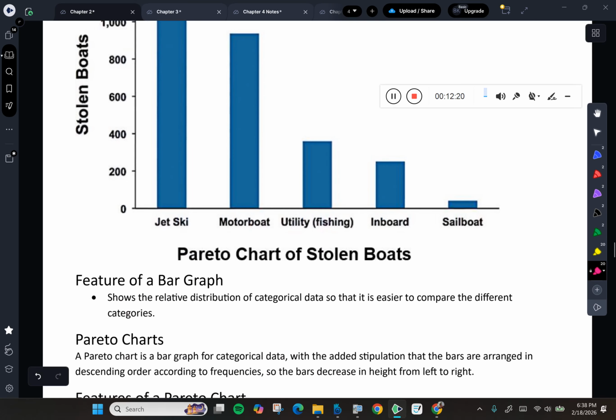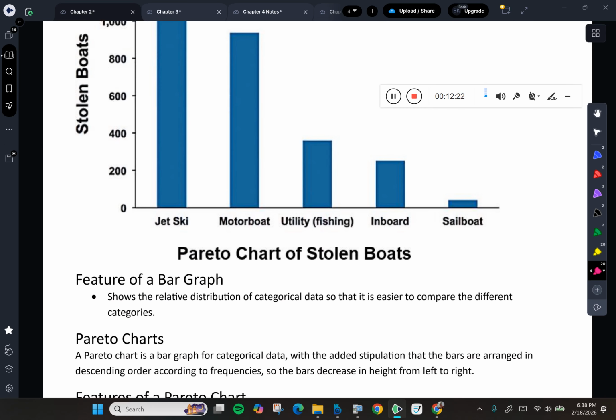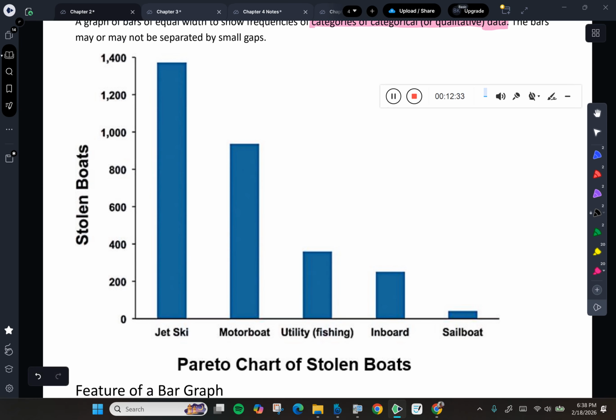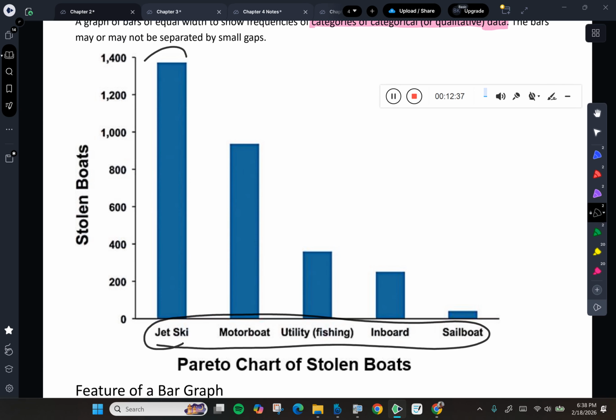Okay? Actually, this isn't a bar graph. This is a Pareto chart. Now, a Pareto chart is just a bar graph, but it's a bar graph where you order the categories across the horizontal axis from the most to the least.